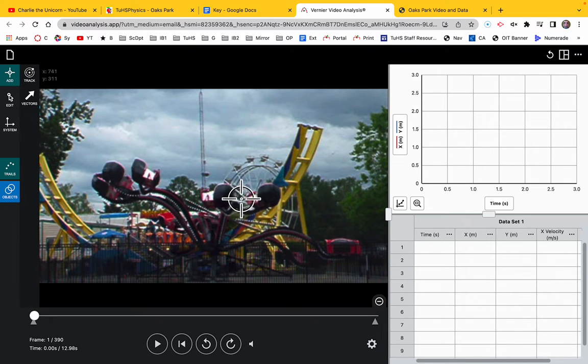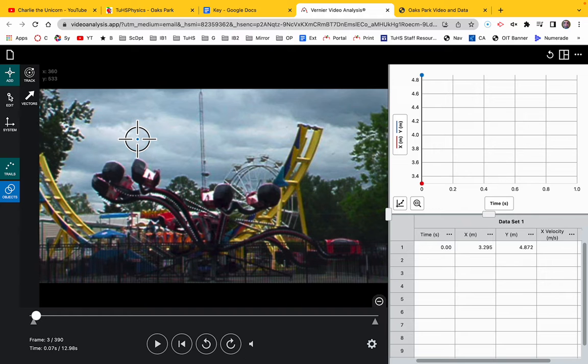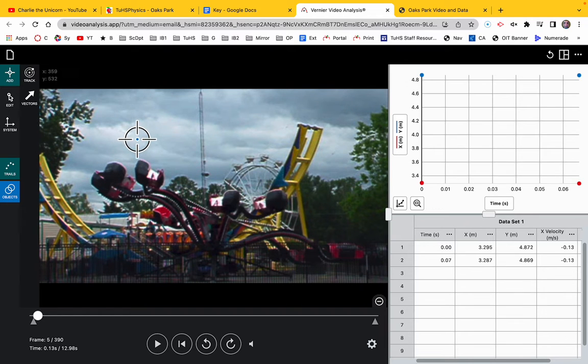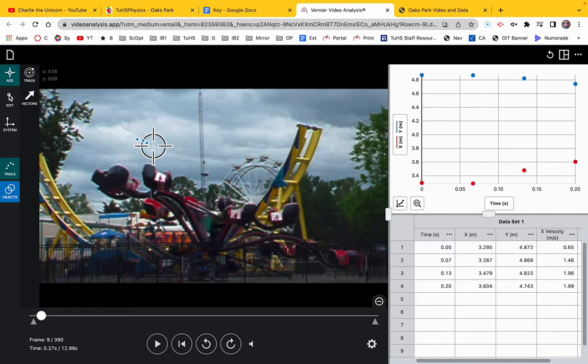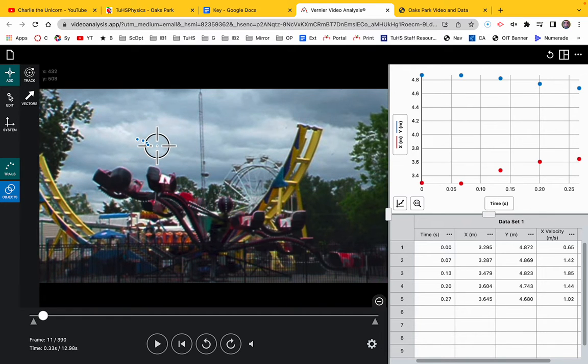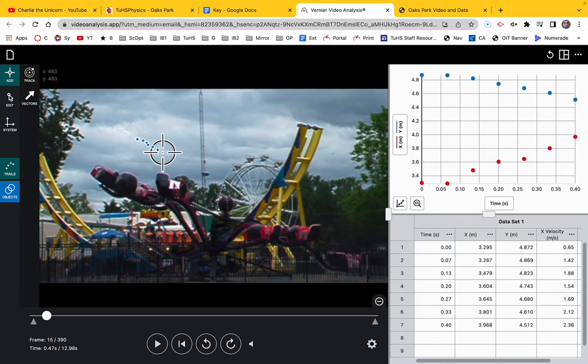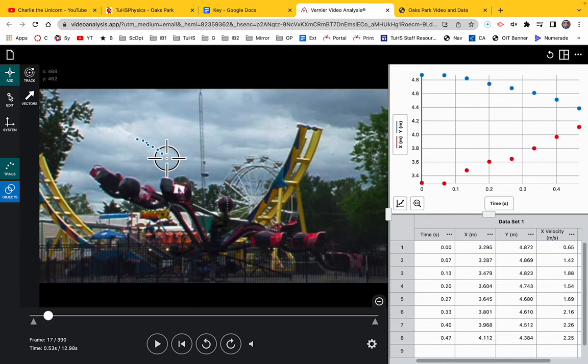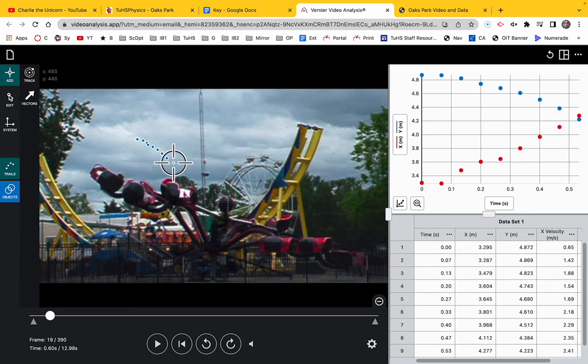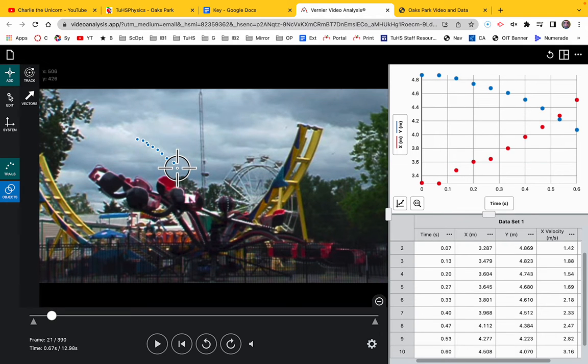All right, so I'm just going to do my usual trick. In this case, I'm going to touch the top of that car. This is clearly more difficult than the frog hopper because there's some motion here that's going to mess us up.